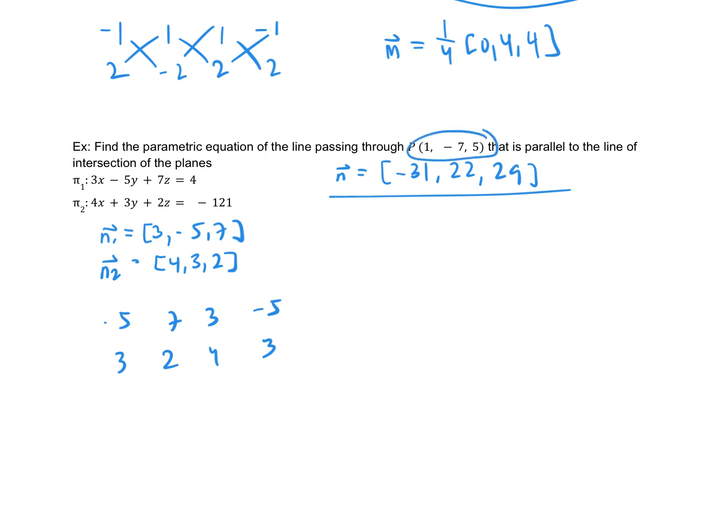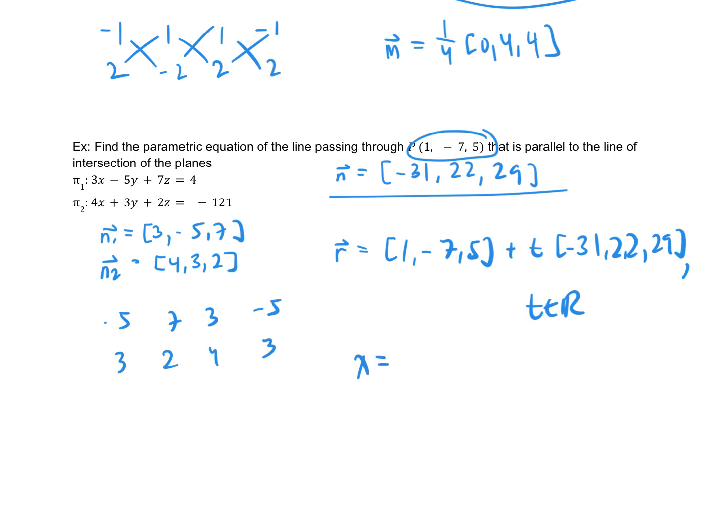And if we have to pass through this point, then that could be our vector r0. And here we are. And this is a lot more efficient than actually finding the full line of intersection. So there's our vector equation, and for our parametric equation, 1 minus 31t, negative 7 plus 22t, and 5 plus 29t. And that's it for the intersection of two planes.